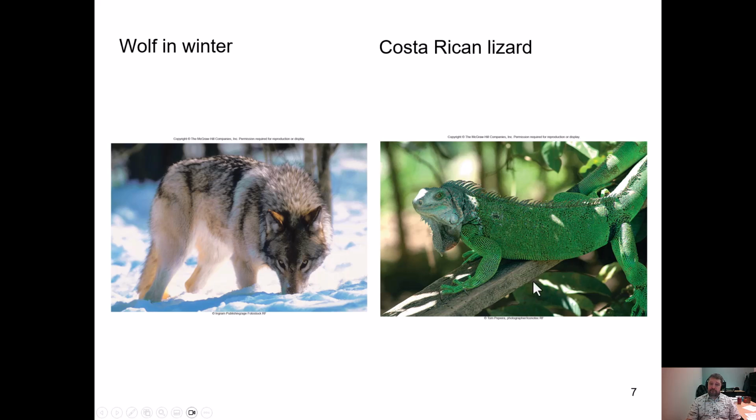But in the tropics, where you might have a huge amount of green foliage, it pays for these organisms, while they're warming up and getting enough energy from the sun to move throughout the landscape, to be camouflaged. And so they often have this green color to match the color of their environment.